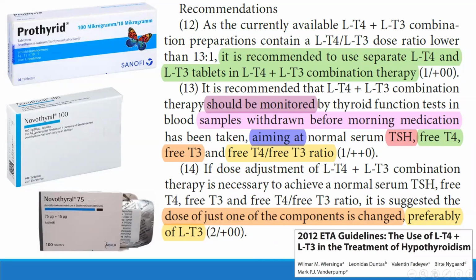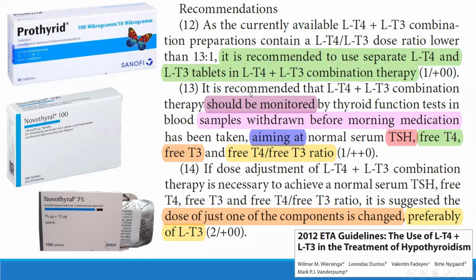And this one is presented in a ratio of 5:1. And this is another one in a different concentration. So the guideline recommends giving the 2 drugs in separate pills. This is very important in solving any question.